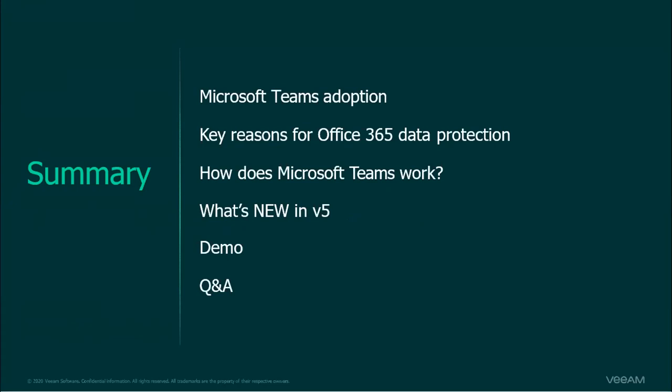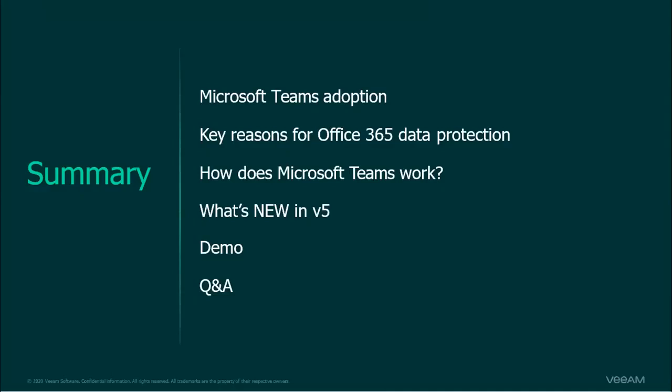Especially in this pandemic situation when everybody started using online platforms, Microsoft Teams became a popular app used for business communication. So how does this adoption work when it comes to backup, and what do you see when it comes to backups?